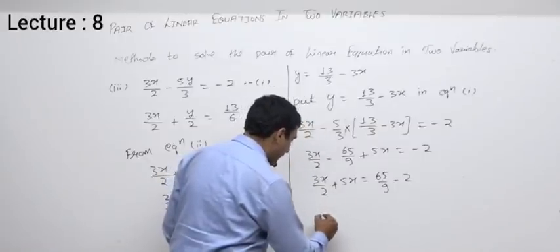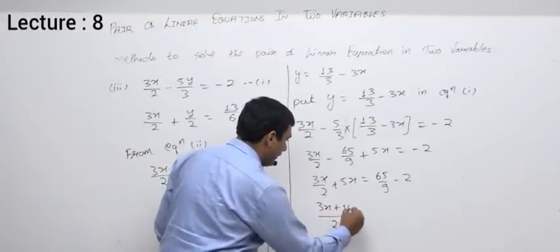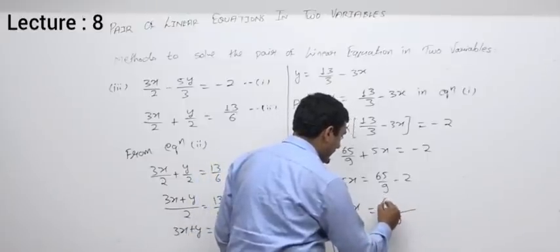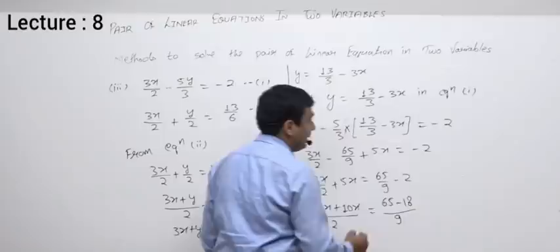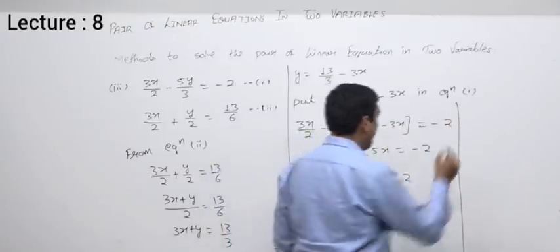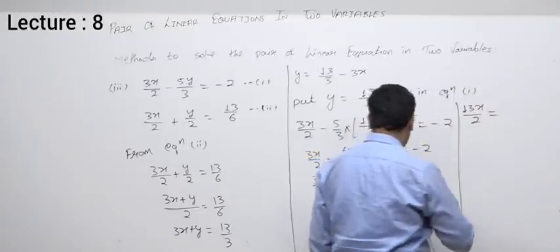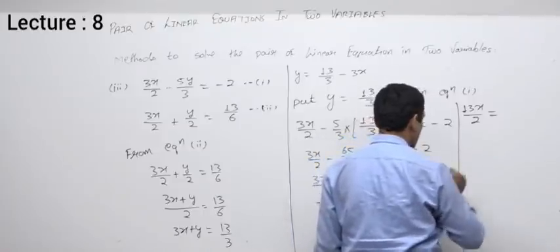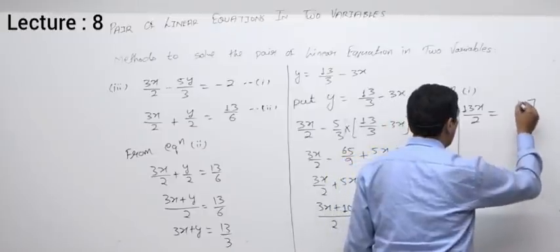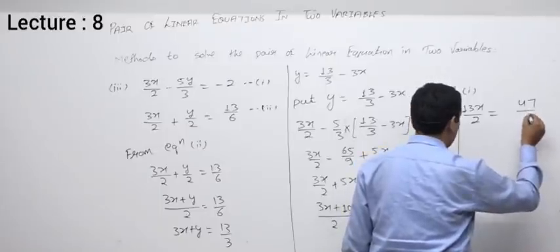On taking LCM, I will get LCM as 2 on the left hand side. So this will become 3x plus 10x is equal to, over here the LCM will be 9, so 65 minus 18, okay, so 13x by 2 is equal to 47 upon 9.